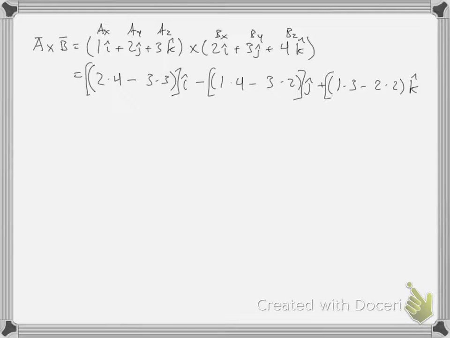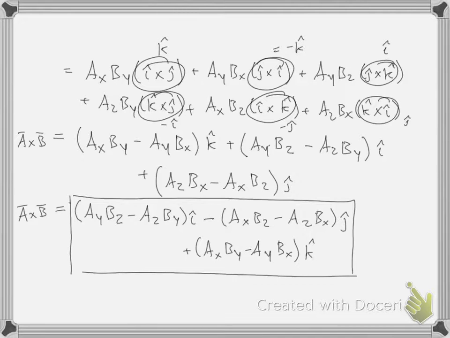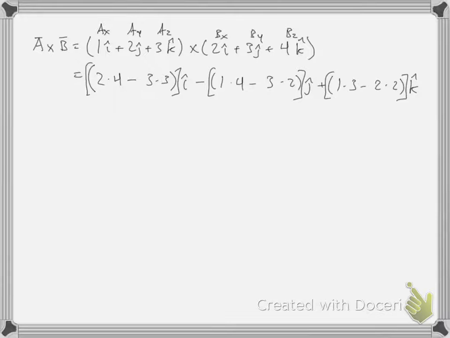There we go. Okay. Just make sure AXBY, AY, BX. Okay, cool. So now we just evaluate. So this is 8 minus 9 I hat, subtracting 4 minus 6 J hat, plus 3 minus 4 K hat.